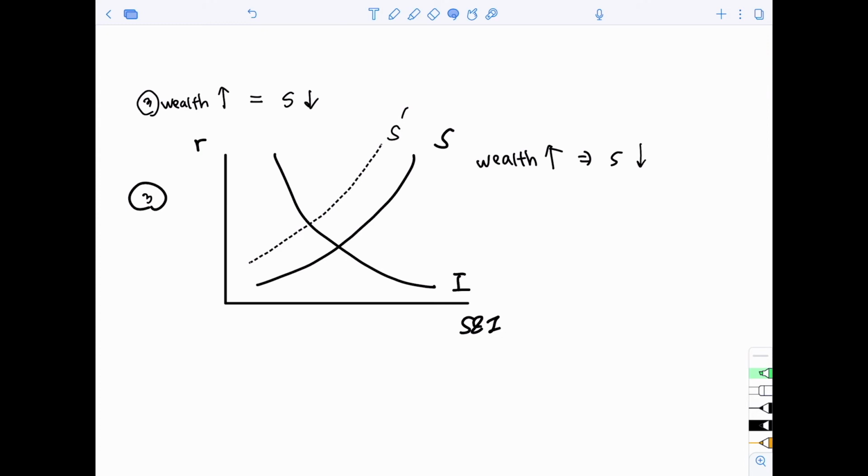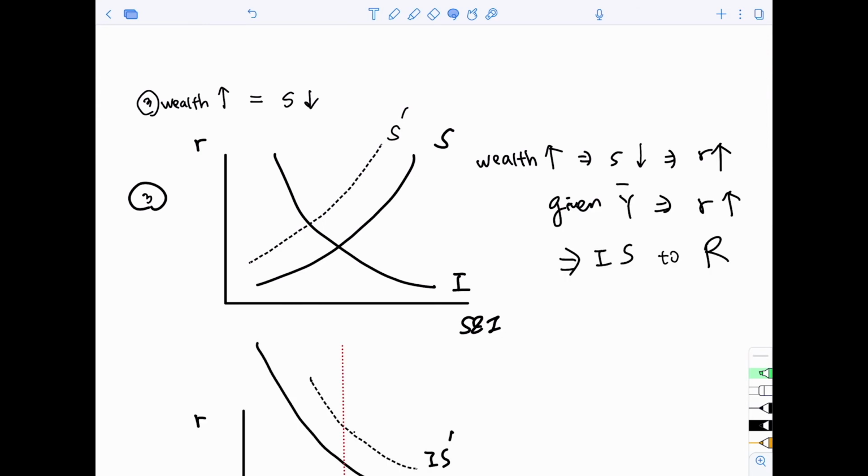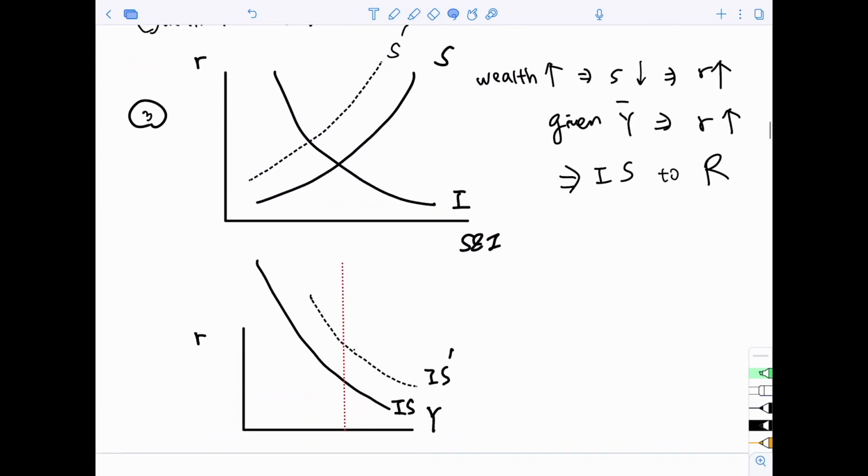Because of that, the equilibrium price of the goods market now rises. Therefore, when the wealth increases, the R increases, holding the same income. Because we are holding the same level of income, but the real interest rate now got higher, the IS curve needs to shift to the right.